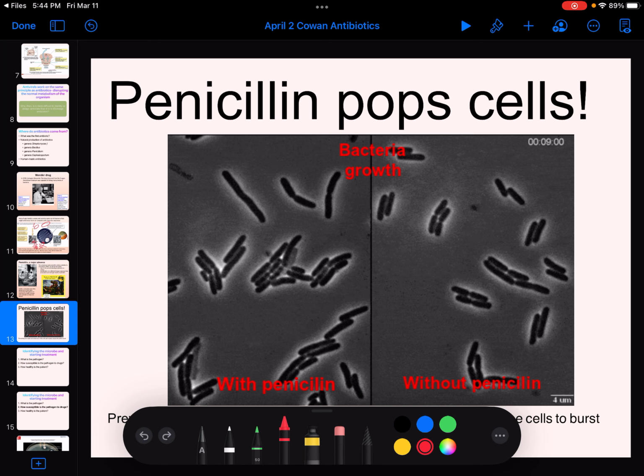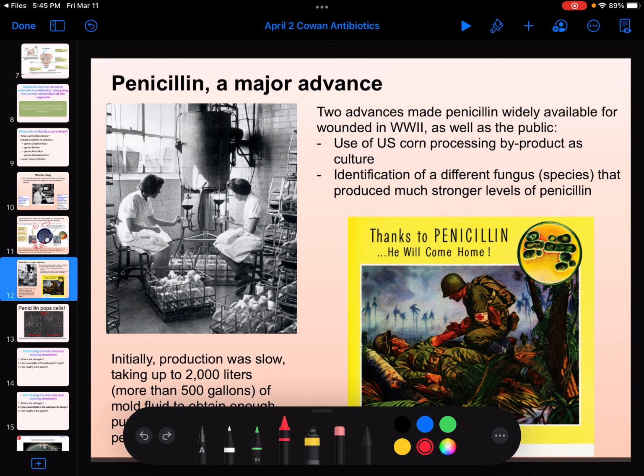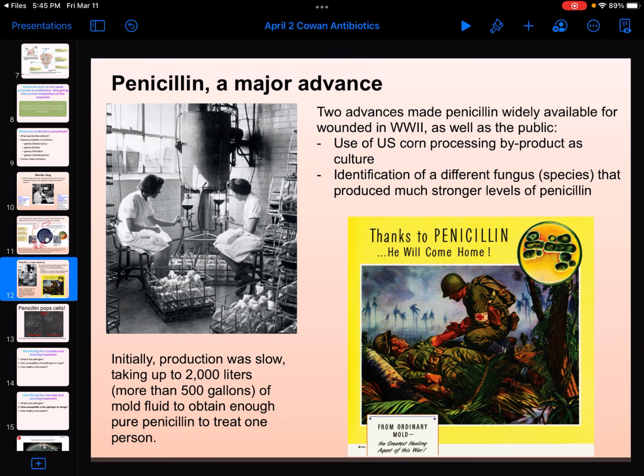Now, the problem with antibiotics, of course, is that not all antibiotics work on every single bacterium, and also, as we know, we as humans have used a lot of antibiotics, and we've begun to see a lot of antibiotic resistance. So when antibiotics were discovered, it was really important. For example, in World War II, this saved a lot of soldiers from dying of infection.